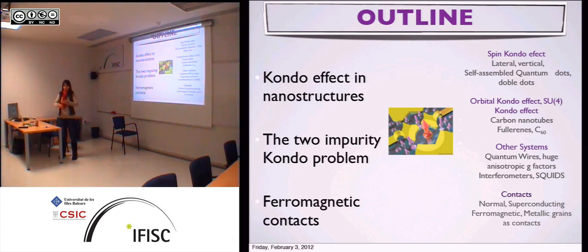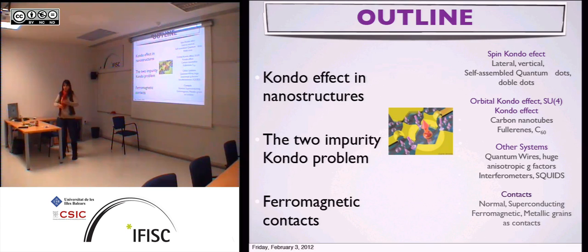And why is this? Before we had this situation in which you don't have sufficient energy to transport electrons, but now you can have transport. And why is this? This is because you form this singlet state, this many-body state.